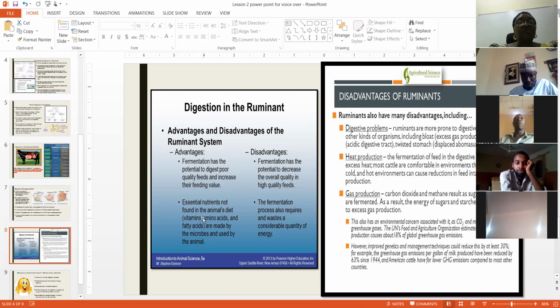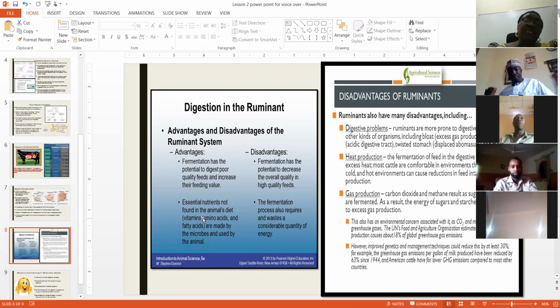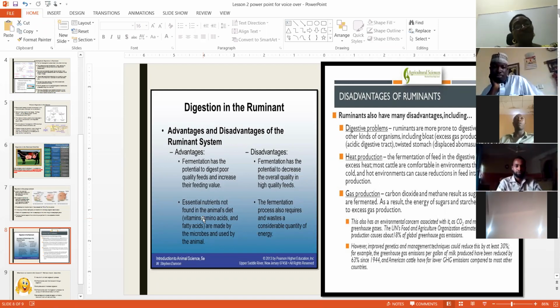Some vitamins can be produced. But there are also some disadvantages in this system. And one of them, like I said, is that the energy production efficiency is low. We said the end product is actually VFA, and therefore the total energy obtained from VFA is low.